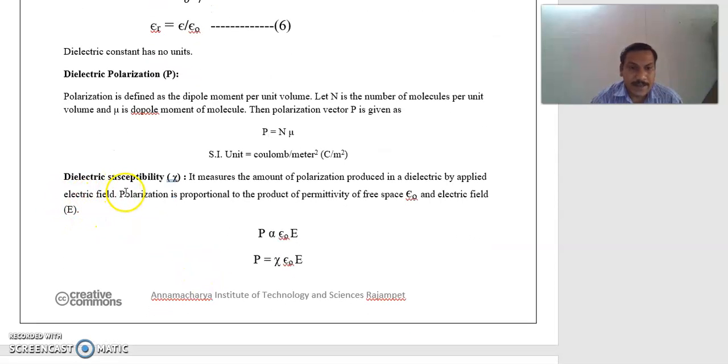Dielectric susceptibility chi. It measures the amount of polarization produced in a dielectric by an applied electric field.